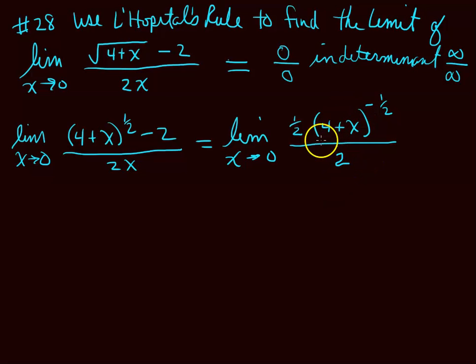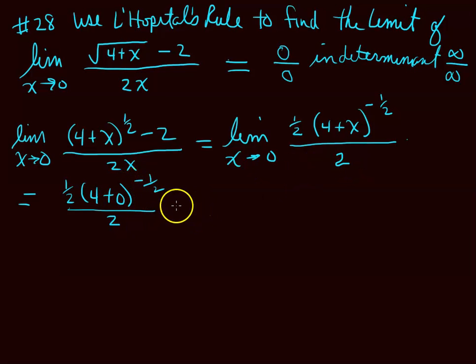Now that you've got to a point where one of these is not 0, not both of them, but just one has to be, you can say, okay, plug in a 0 for x, and you get the 1/2, 4 plus 0 to the negative 1/2, and that's over 2 because there's no x in the denominator anymore.